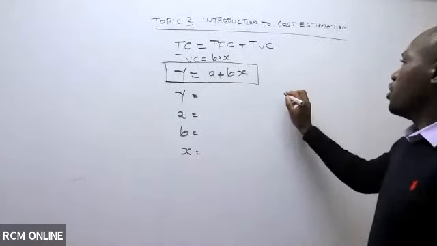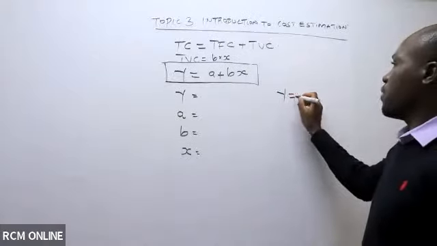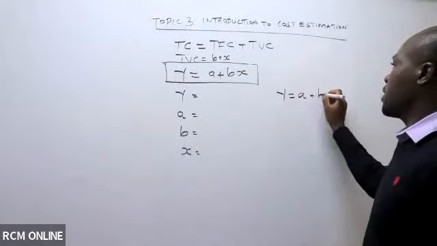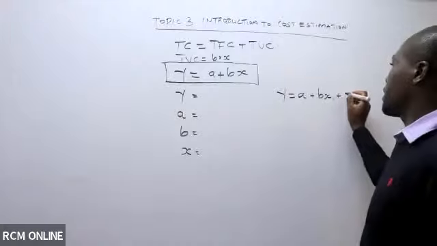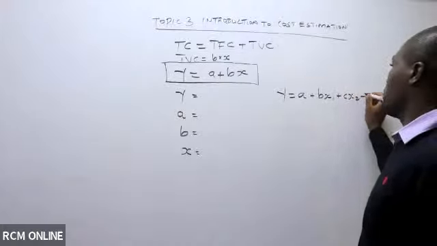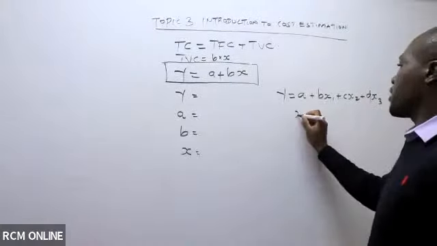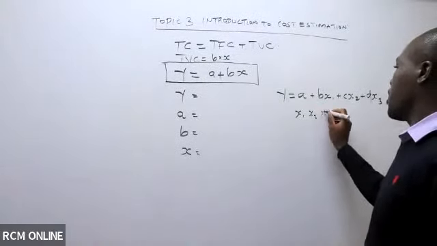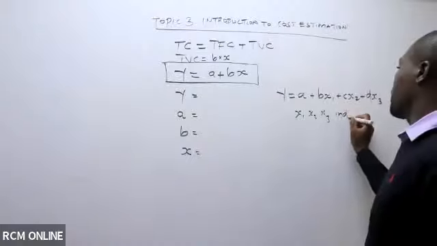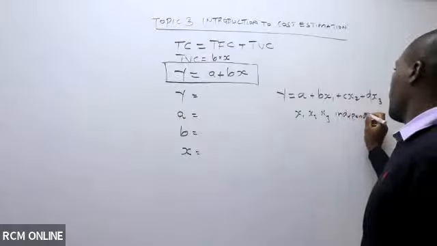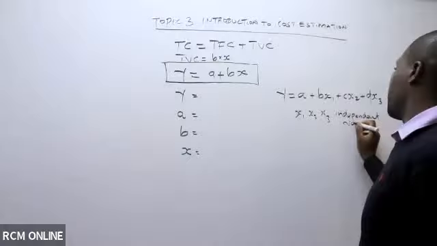Number 2, we'll be given a cost function in this form: a plus bx1 plus cx2 plus dx3, whereby x1, x2, x3 are independent variables.